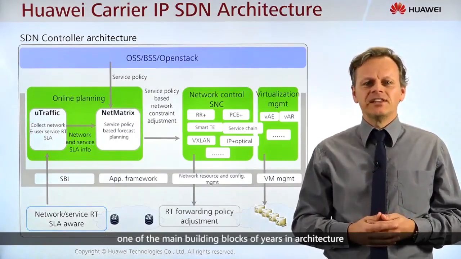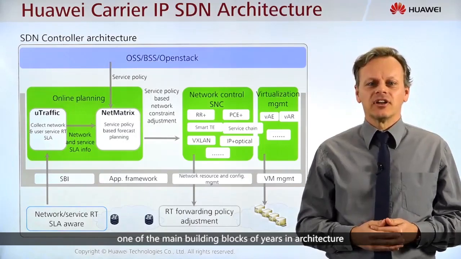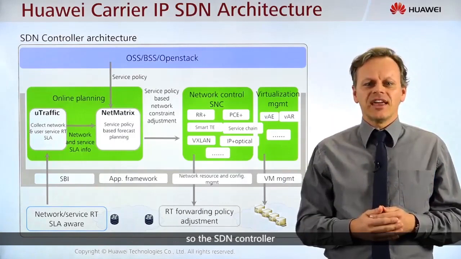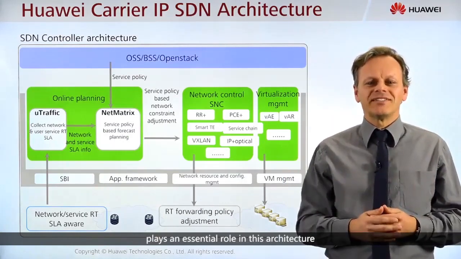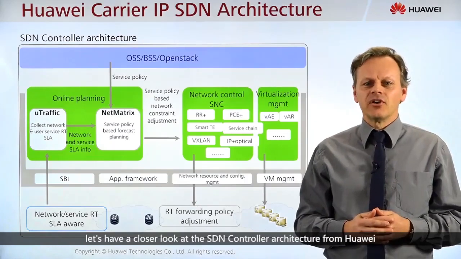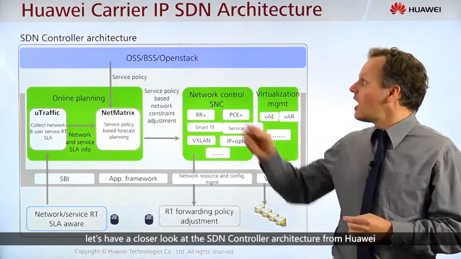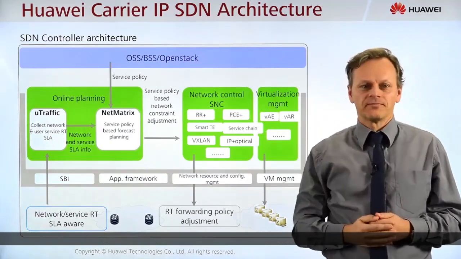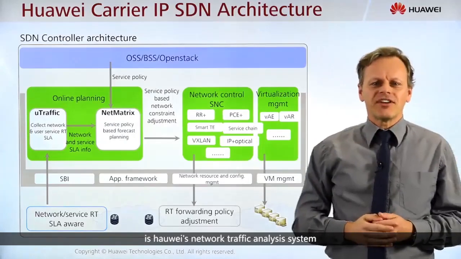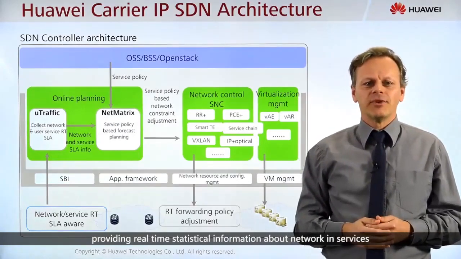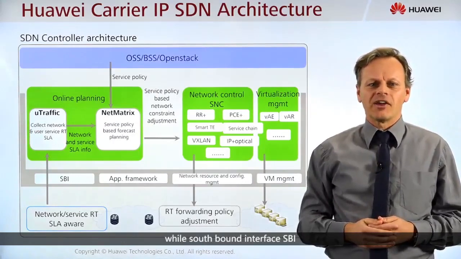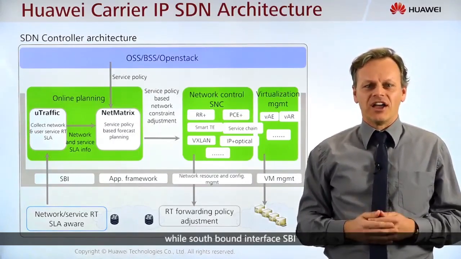One of the main building blocks of the SDN architecture is the separation of user plane and control plane. So the SDN controller plays an essential role in this architecture. Let's have a closer look at the SDN controller architecture from Huawei. uTraffic is Huawei's network traffic analysis system providing real-time statistical information about network and services via southbound interface (SBI).